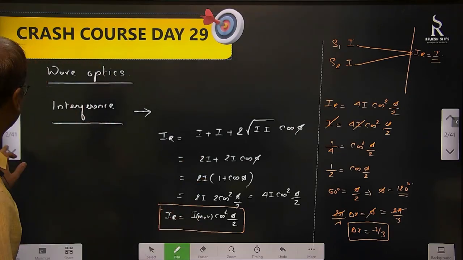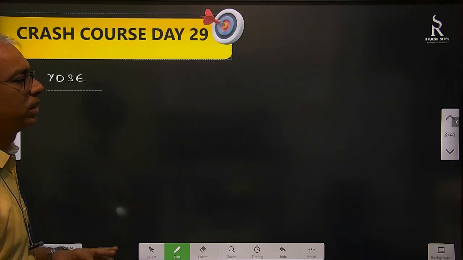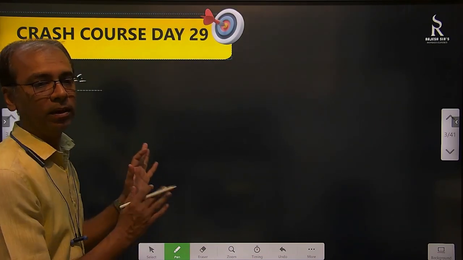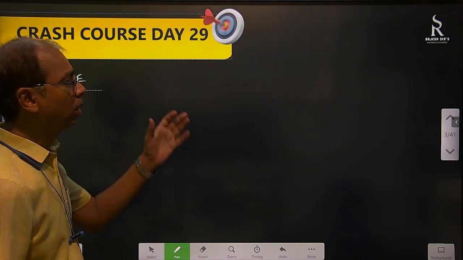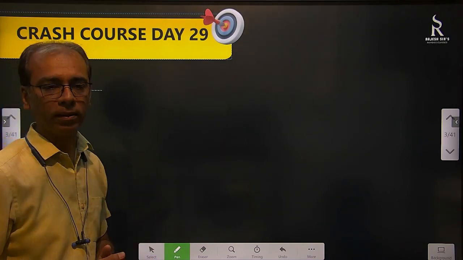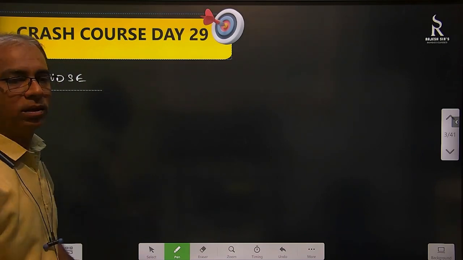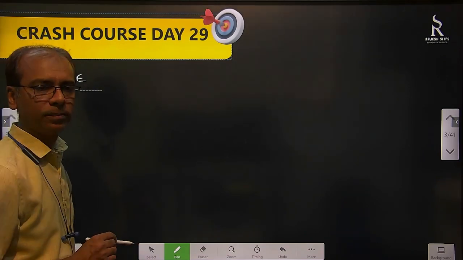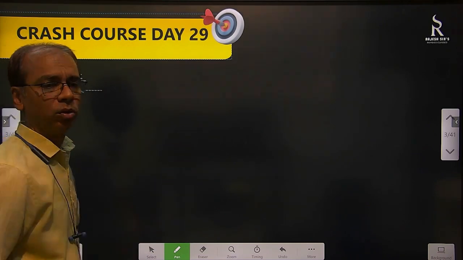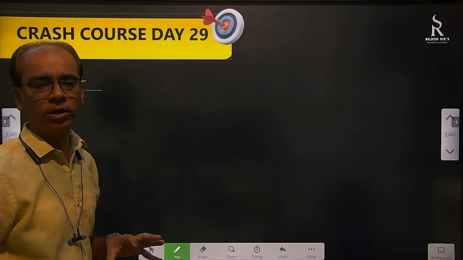Now we are going to see Young's double slit experiment. This is the main thing in this chapter: how to see the interference pattern given by Young's double slit experiment. He produced two sources, and the waves from those two sources interfere on a screen.